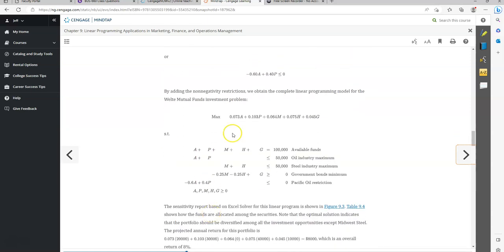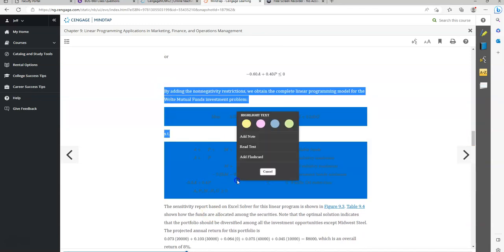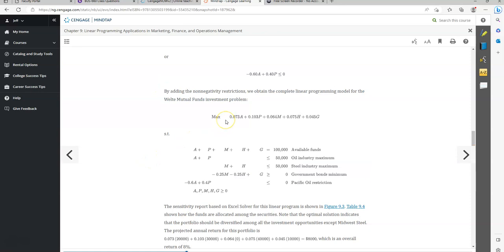With all that said, this is the piece right here that you will be putting into Excel. So the objective function, we've talked about that. Here are your coefficients and the decision variables. The constraints: the fact that you've only got $100,000 to invest. The total amount invested in the oil industry can't be more than $50,000.